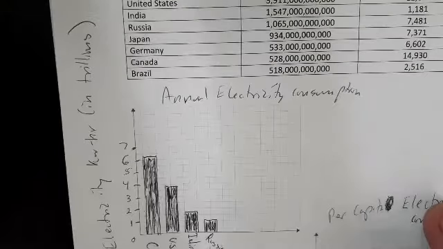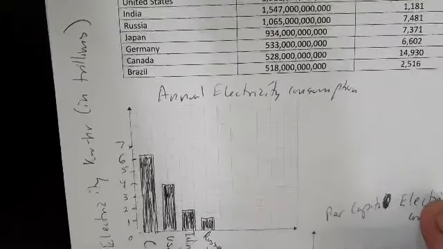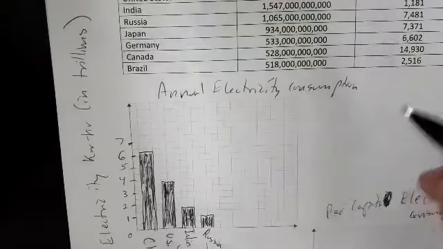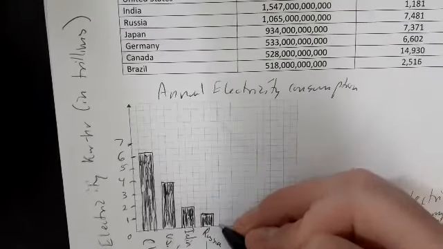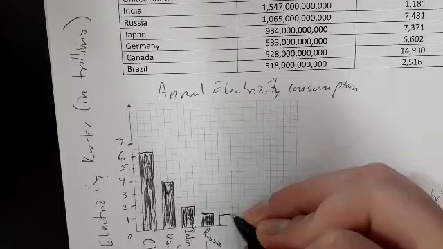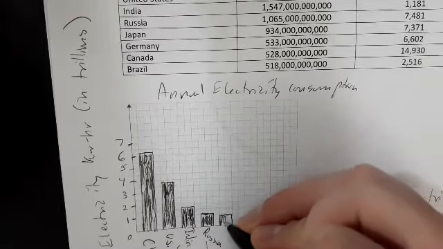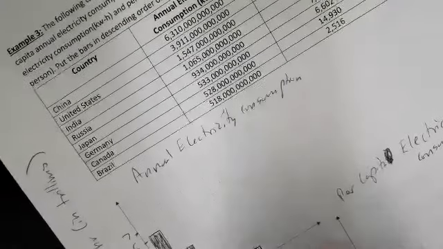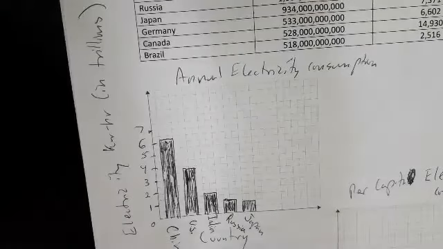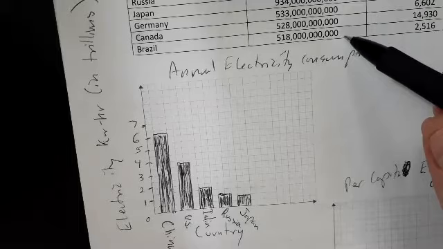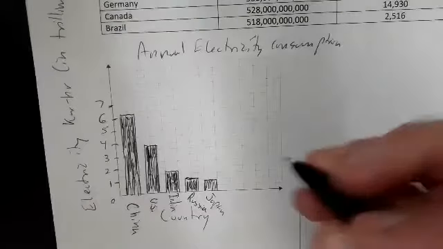And the next one I have is Japan, which is right below 1. So Russia was a little bit over 1, and Japan should be a little bit below 1. We have Germany, which is about a half. Canada's about a half, and Brazil's about a half.